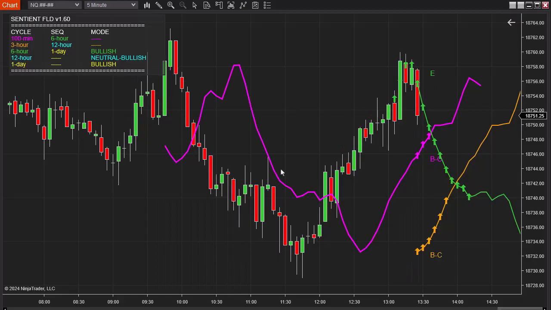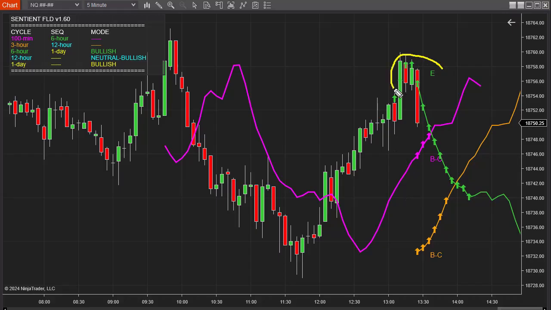Hiding the past interactions and plotting only the next or expected interactions is the default way of working with the FLD indicator, and it keeps our charts clean for focusing on what we are expecting to happen next, which, as you can see, in the longer term we are expecting price to cross this sequence cycle FLD and an E category interaction.